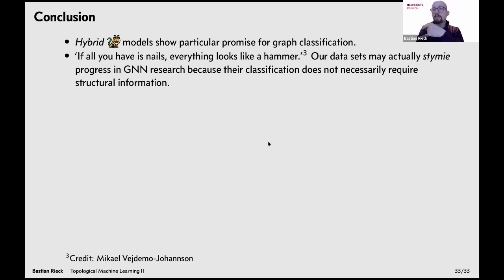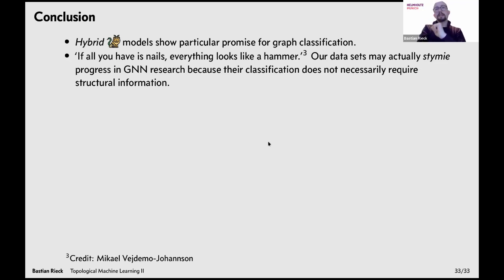And this might come back and bite us and actually turn out to stymie progress in graph neural network research, because the classification of such graphs, or any type of learning process on these graphs, is not necessarily requiring any type of structural information.